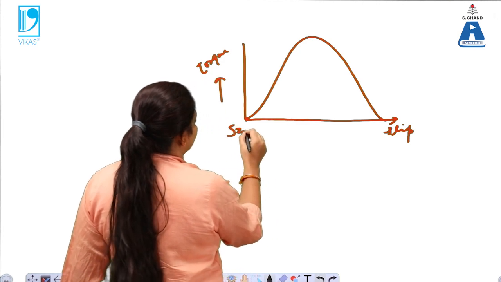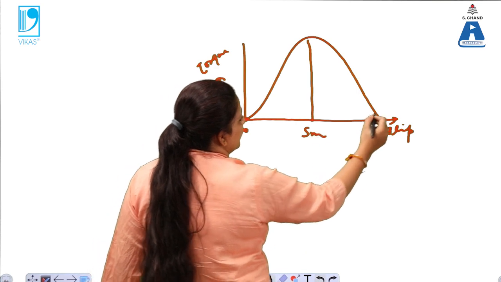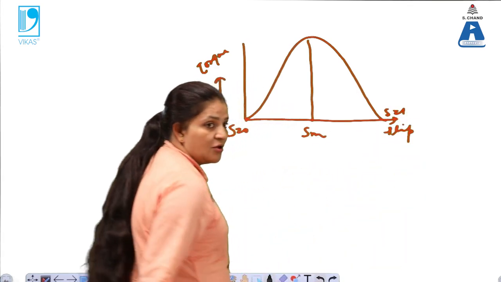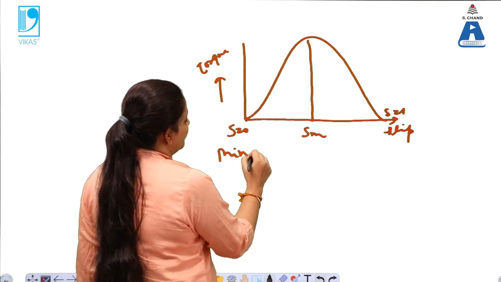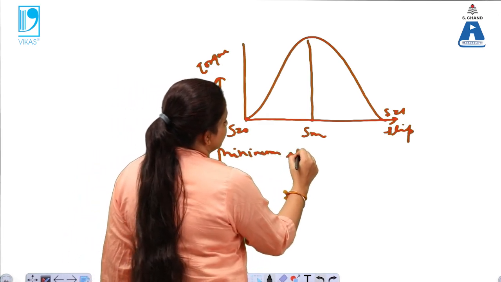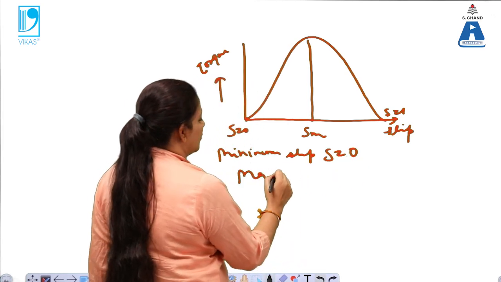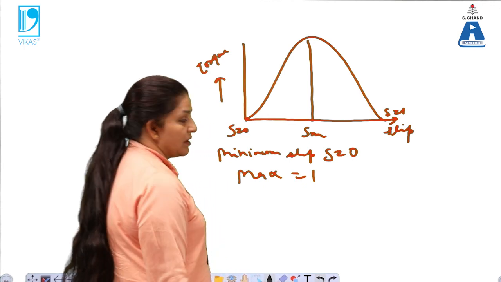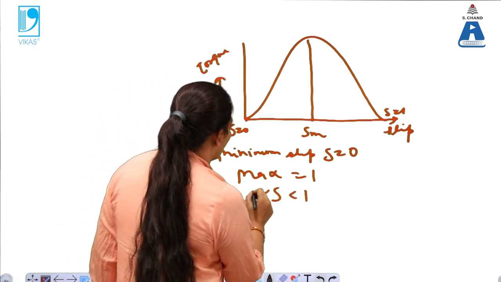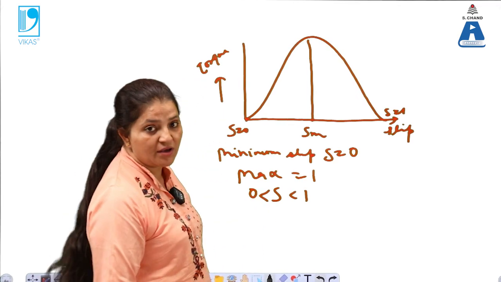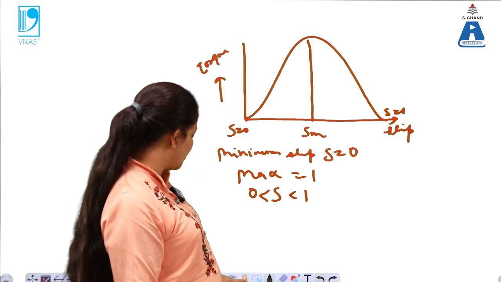Here this is S equals 0, and here S is equal to 1. So the minimum value of slip S is 0 and its maximum value is 1, and the slip value lies between 0 and 1. Now we want to study how the torque varies with the slip. That will be understood in this topic.